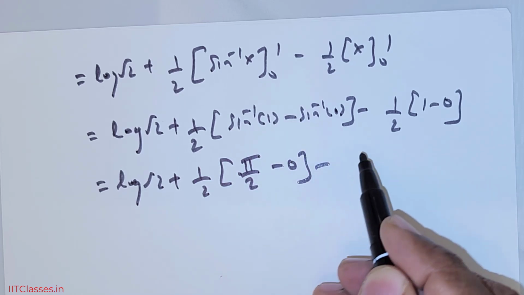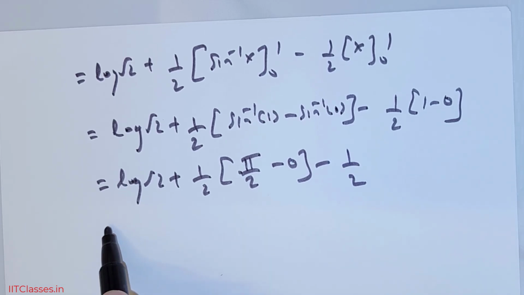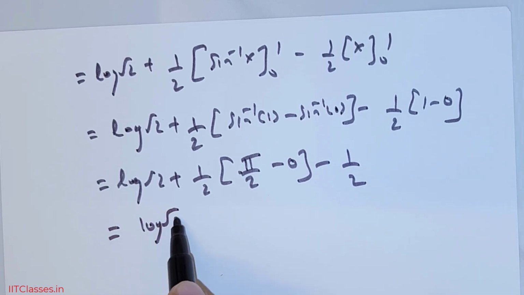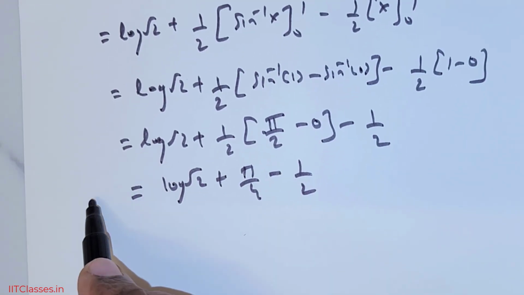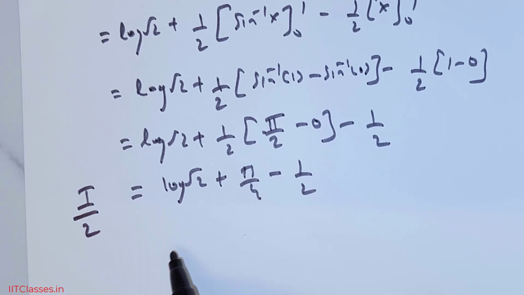This is going to be 0 followed by minus 1/2. I can rewrite this as log root 2 plus pi over 4 minus 1/2. On the left, it's going to be I over 2.